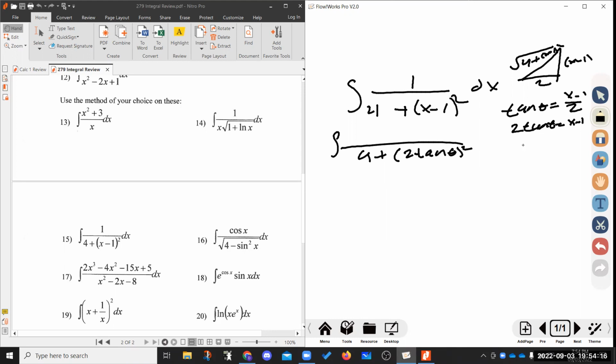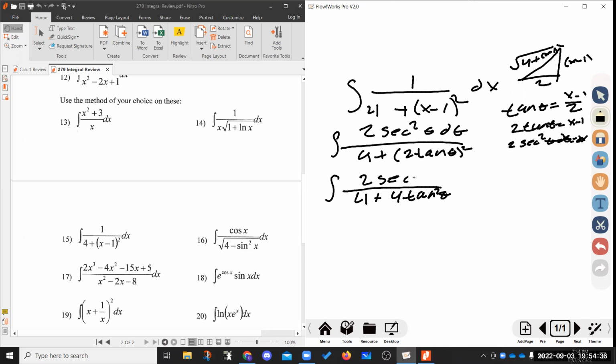That means that dx is going to be 2 secant squared theta d theta. Okay, so this is going to be 4 plus 4 tangent squared theta, 2 secant squared theta.